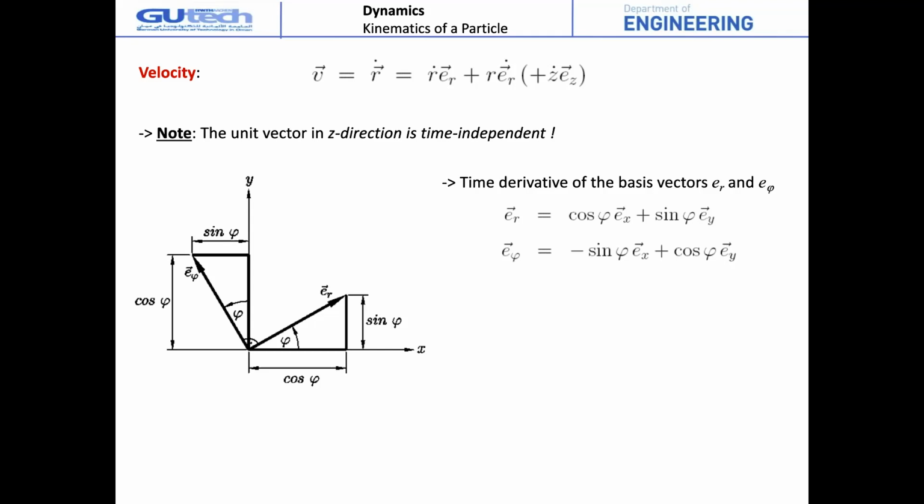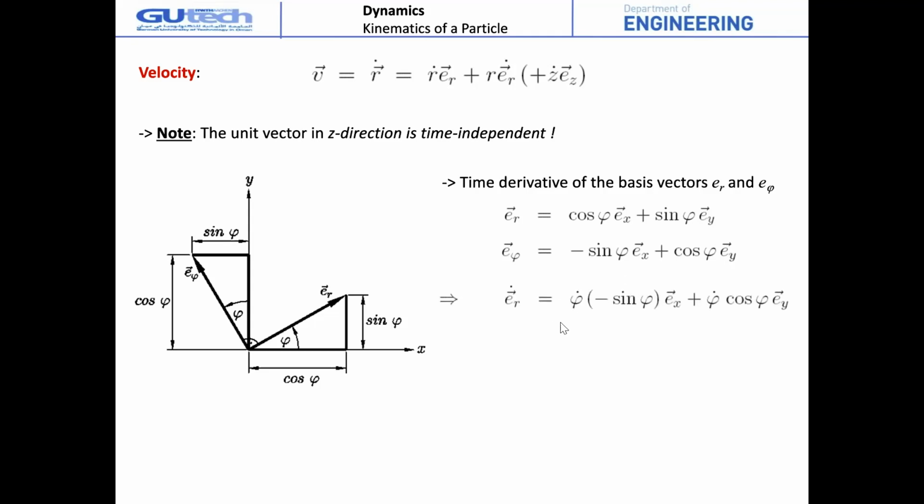For eR the two components are along the direction of X and Y, but for ePhi it's the opposite direction to X.